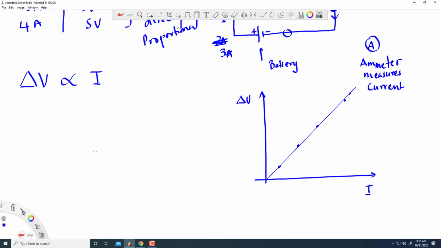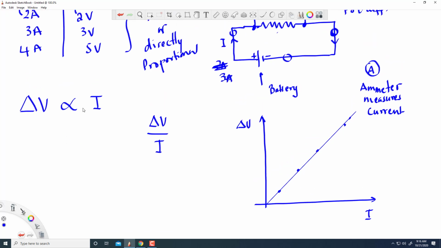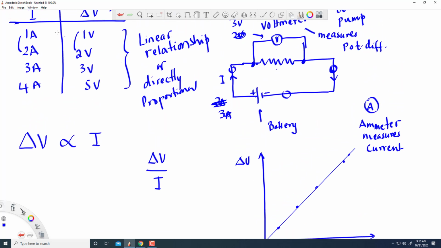And what that means is, if you take the ratio of delta V over I, let's go to the table up here. So you take the ratio of delta V over I, no matter which data point you choose, you get the same value. So 1 volt over 1 ampere is 1, 2 volts over 2 amperes is 1, 3 volts over 3 amperes is 1, 4 volts over 4 amperes is 1. So this ratio is always constant.